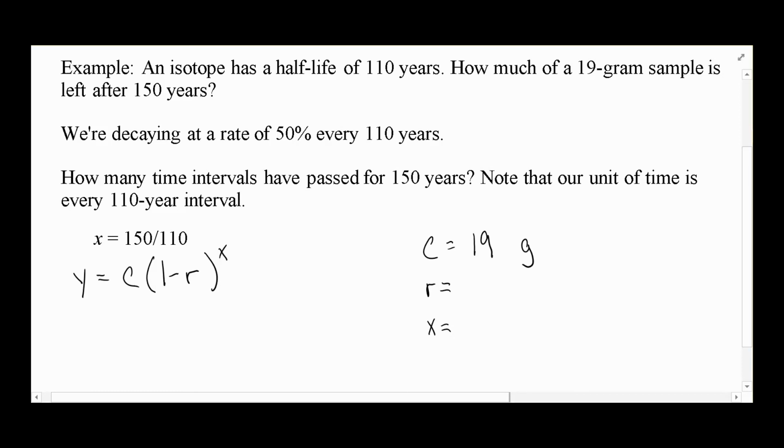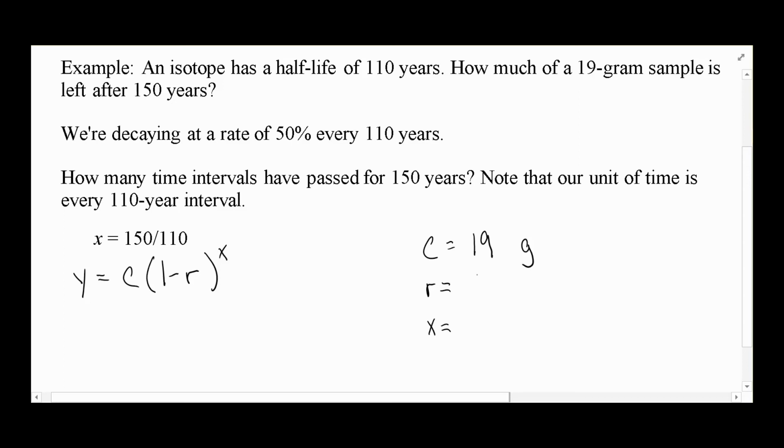Now the half-life was given to us as 110 years. What that tells us is every 110 years, we're going to end up with half of what we started with. So after 110 years, we're going to be down to 9.5 grams. Another 110 years later, we'll end up with half of that.